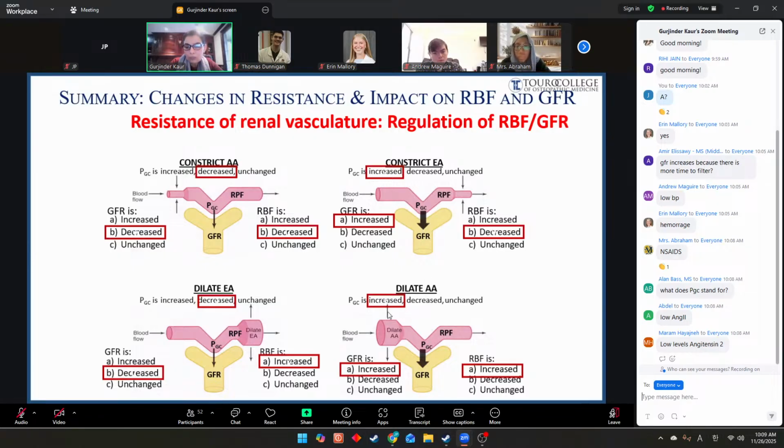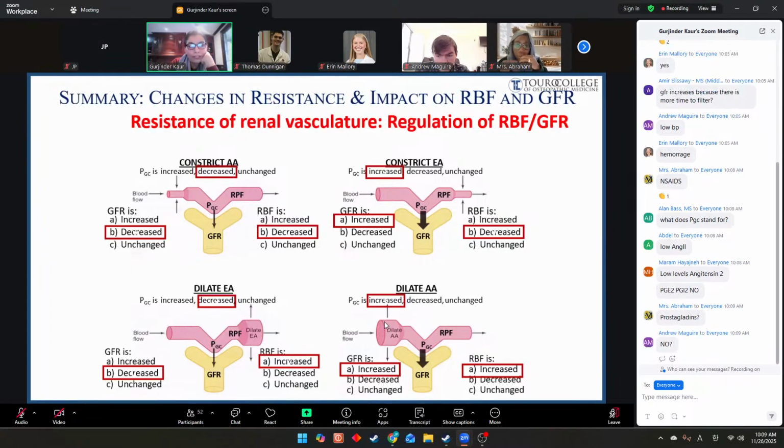What about this one? Dilation of afferent side. Anyone? Dilation of afferent side? Yes, very nice. Abram, prostaglandins. Yes, NO does the same thing.